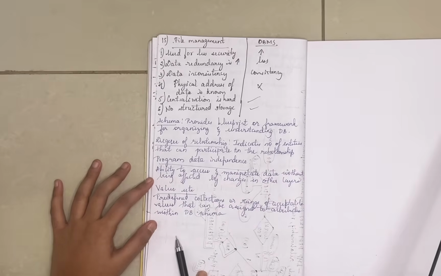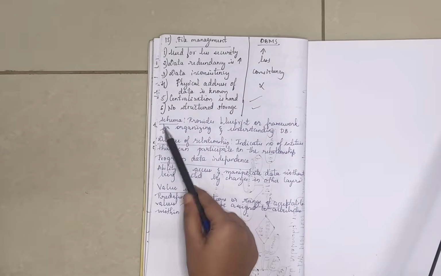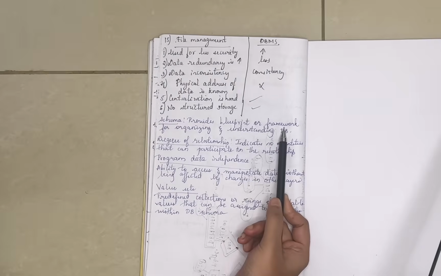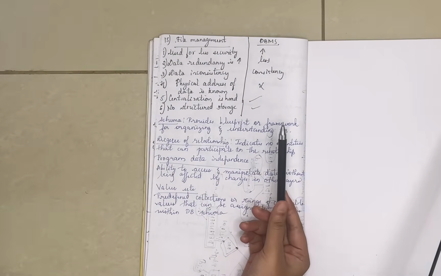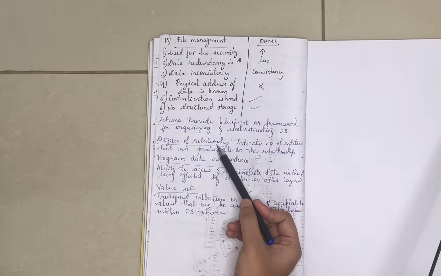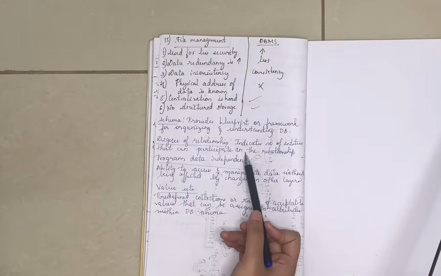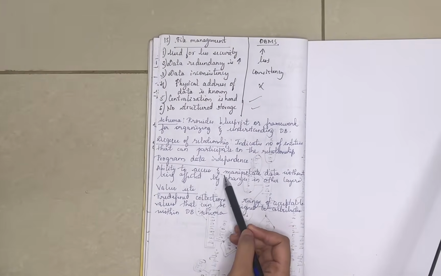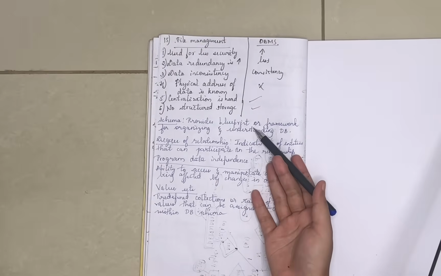Then there are some very simple definitions. Schema is nothing but what provides a blueprint or framework for organizing and understanding the database. Then we have degree of relationship. It indicates the number of entities that can participate in the relationship. Then data independence. You already know that if we make any changes in one layer, it should not affect the other layer.